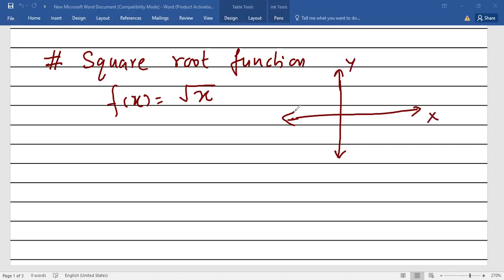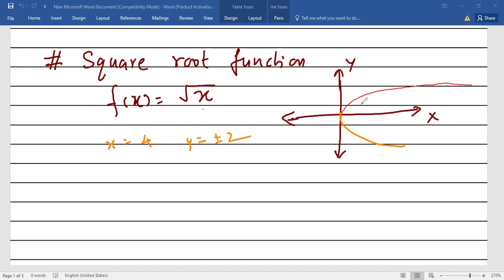Should I use the calculator or look at the book? You can use the calculator and tell me what graph you are getting. I got something that looks like this. Yes. So here you see why the calculator is giving this, because if you take x equal to 4, y is equal to plus minus 2.